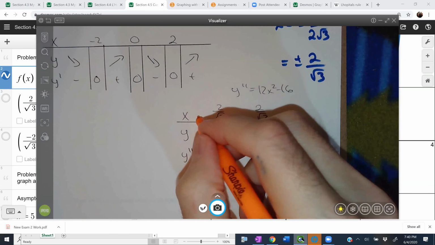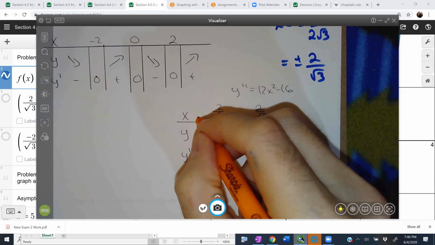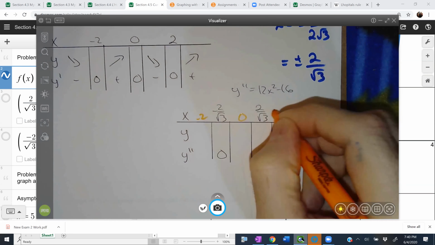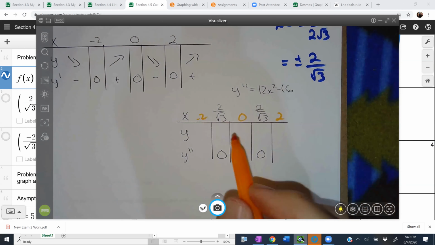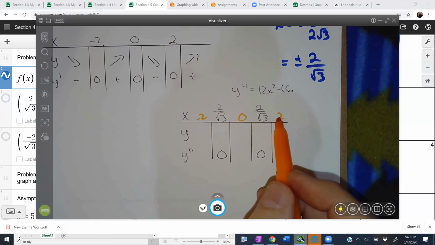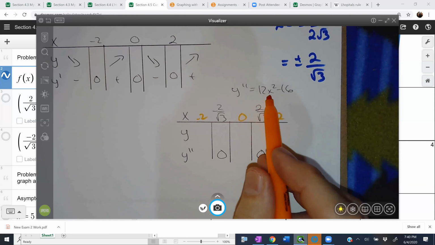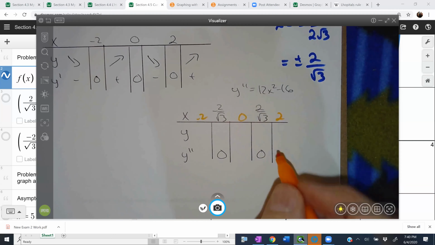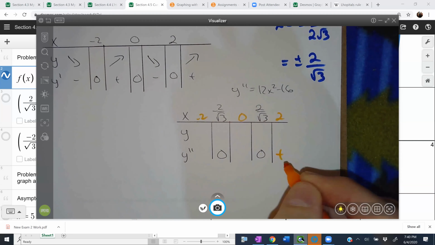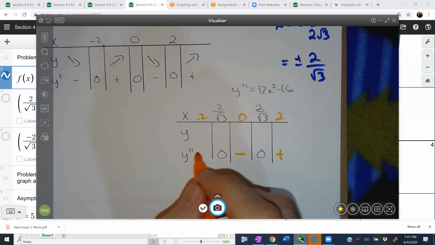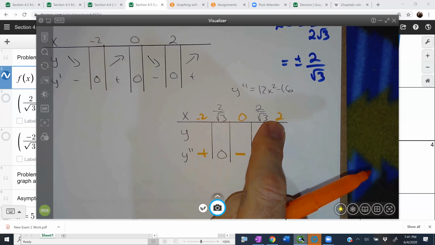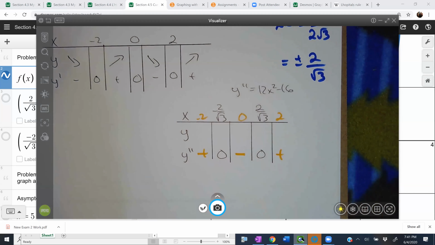So I suppose I can get away with -2, 0, and 2. So 2 squared will be 4 times 12 minus 16. That's going to be positive. Putting in a 0 here, that's going to be negative. These two are going to be symmetric, so that one's going to be positive.